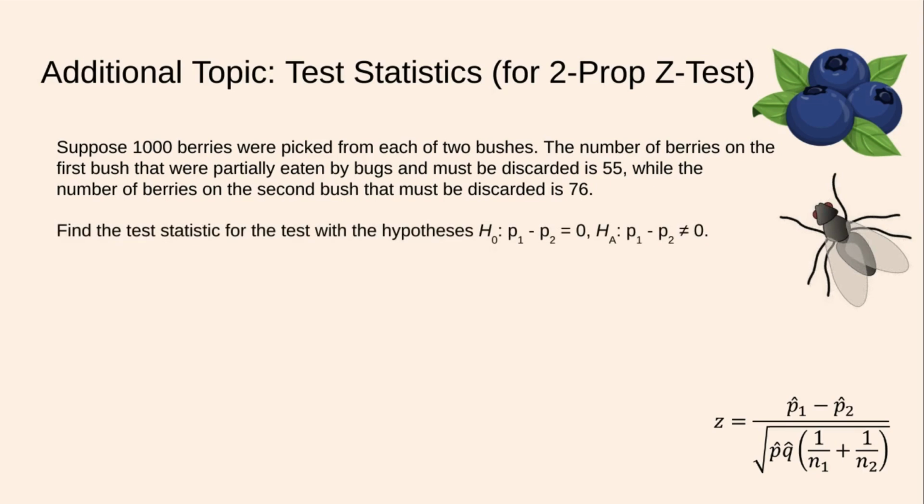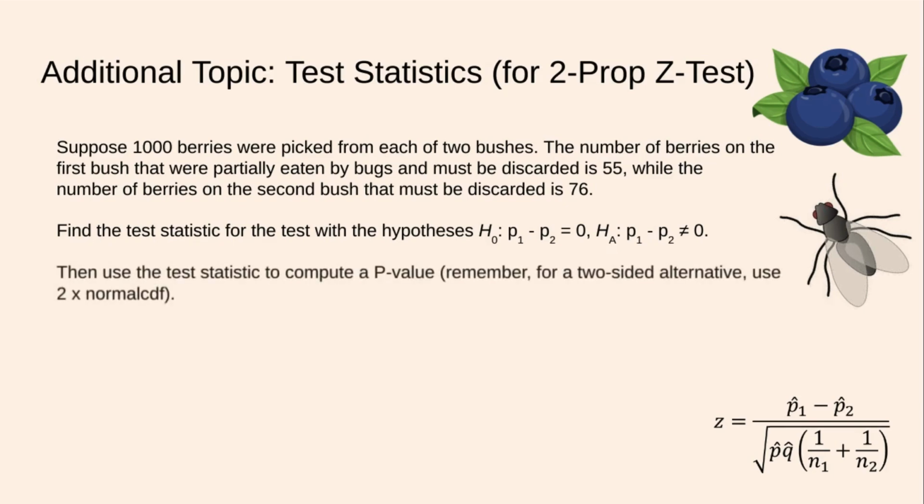We're going to find the test statistic for the set of hypotheses null, p1 minus p2 equals 0, and alternative, p1 minus p2 is not 0. And then we're going to use the test statistic to compute a p-value. And we need to remember, for a 2-sided alternative, we are going to use 2 times the normal CDF.